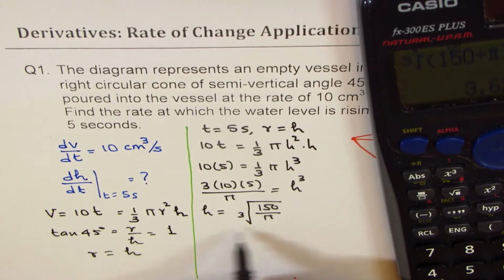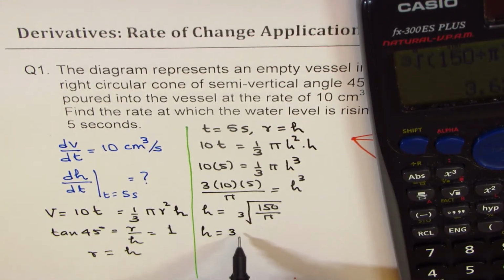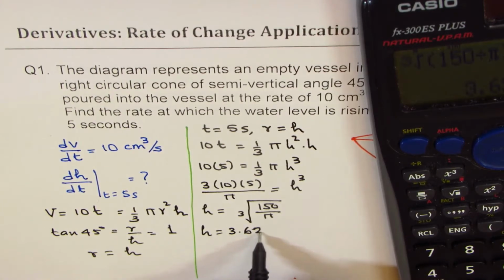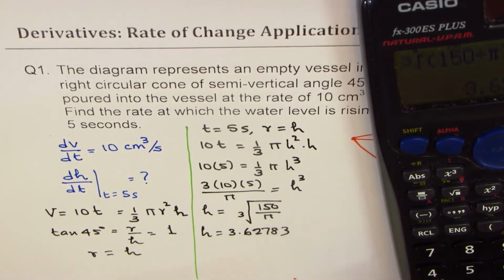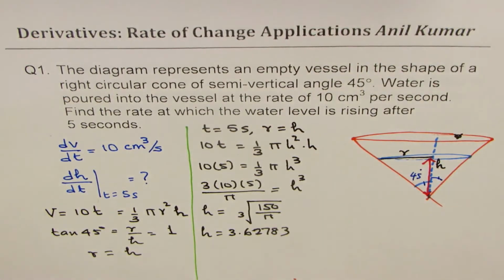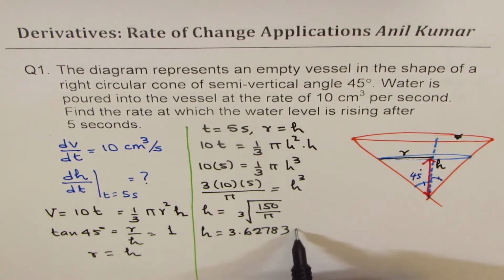So height equals 3.62783. Let me write it like this. The units given to us are in centimeters.